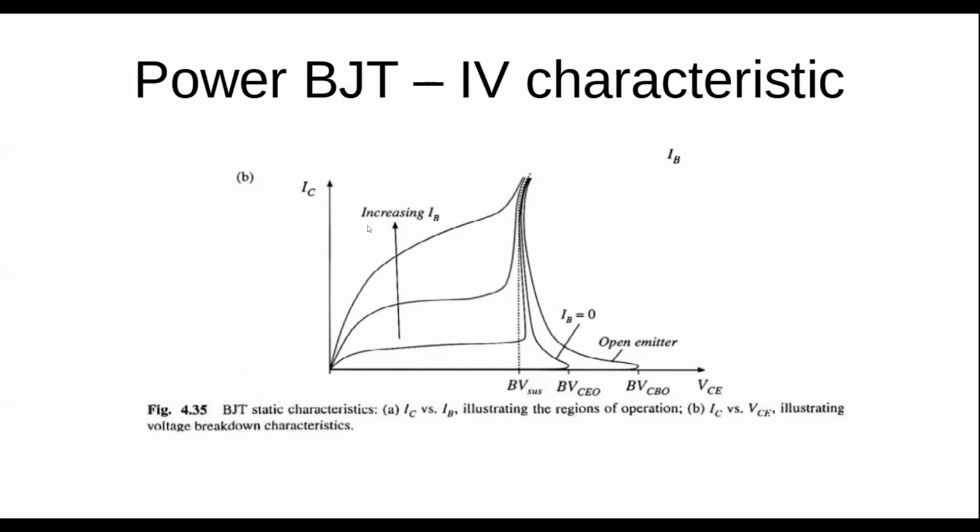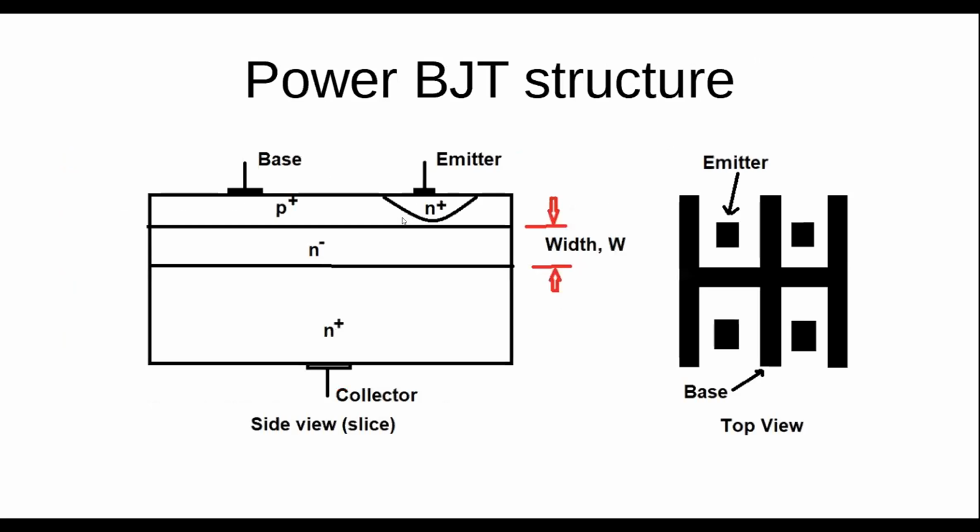Remember, to switch from one state to another, if I want to switch off, then I need to clear out, so let's see. If this is the off state, then going from the on state, remember in the on state we had a whole bunch of electrons flowing from the emitter down to the collector, and a whole bunch of holes.